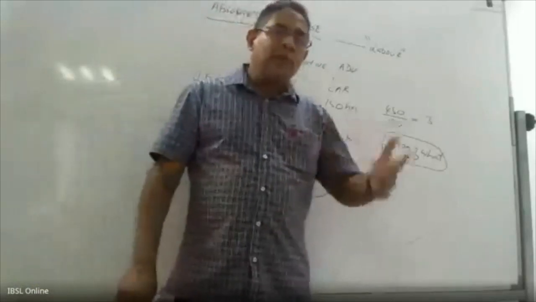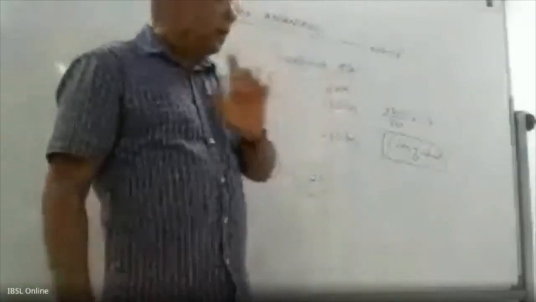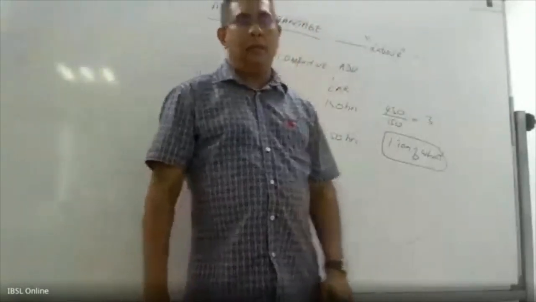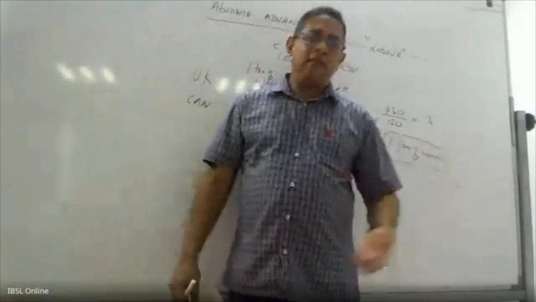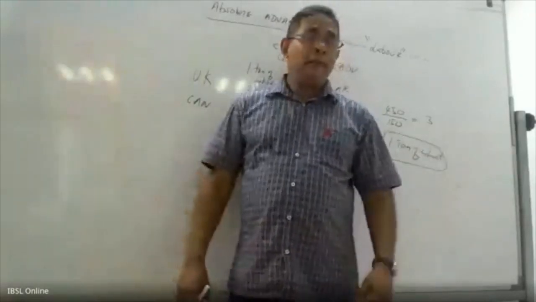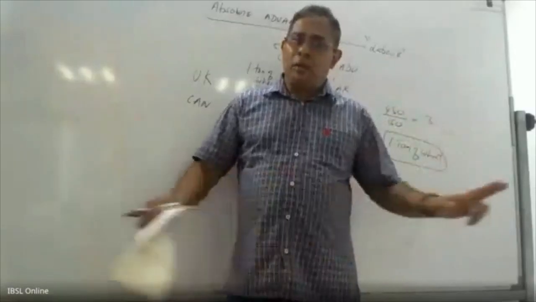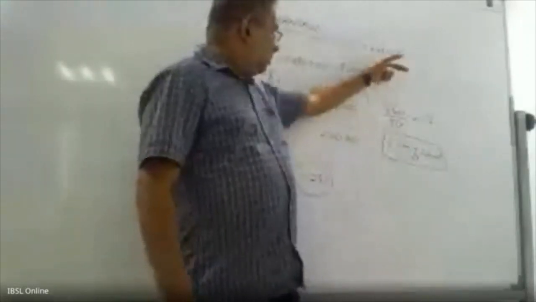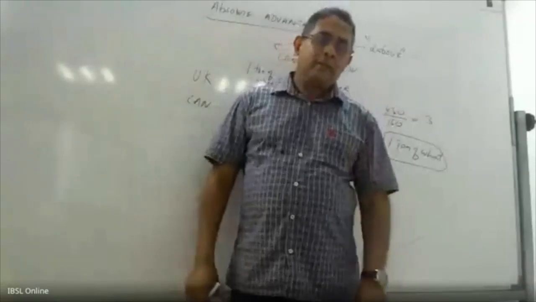Now this is the absolute advantage based on only one input called labor. All other factors, climatic conditions, demand and supply, inflation, are taken as constant. Only labor is taken as the ingredient. That is Adam Smith's logic.